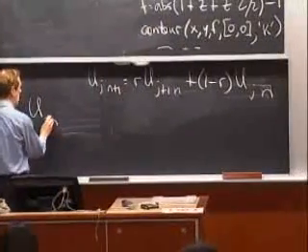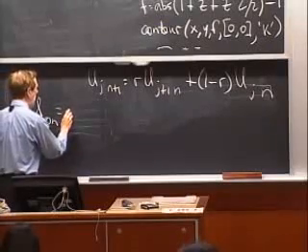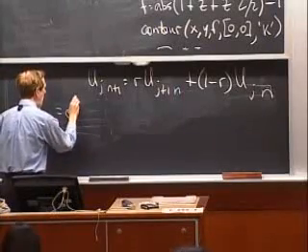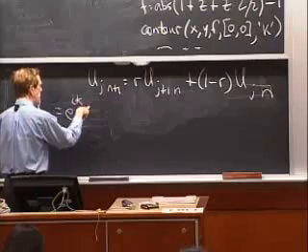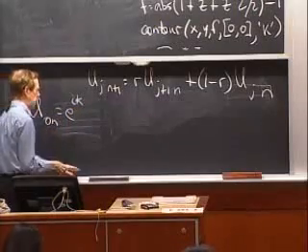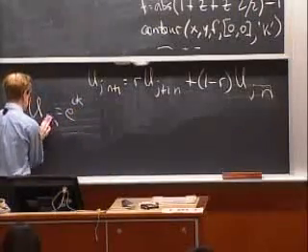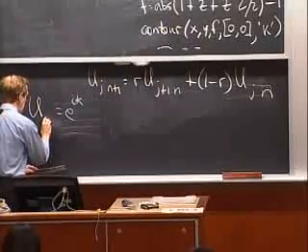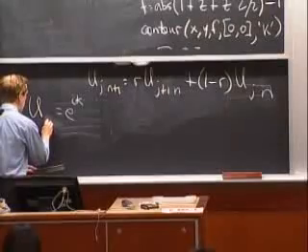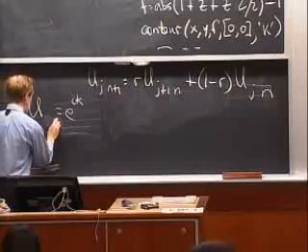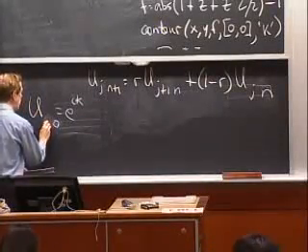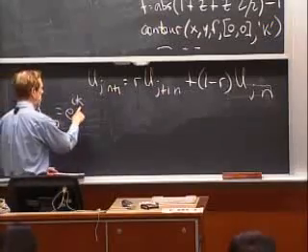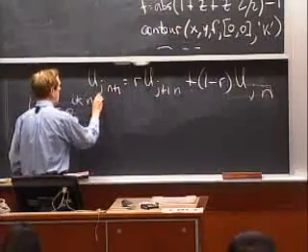I'm going to start from e to the i k x. Position, so time 0 and position n will be e to the i k n delta x.